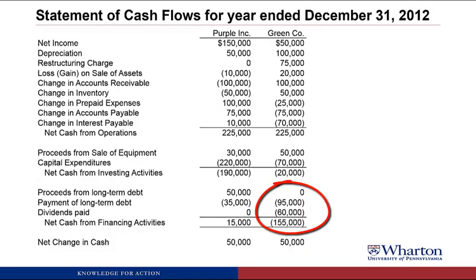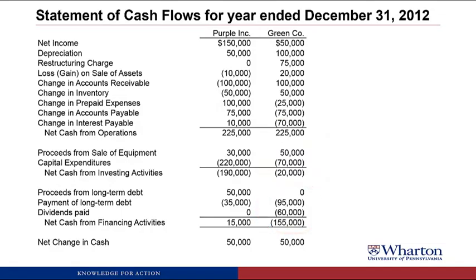So we see a big negative cash from financing activities. They're not borrowing anything new. They're paying off a lot of long-term debt, and they're paying dividends to their shareholders. This is typical of a late mature and decline stage company where the investments aren't there, so they're taking the excess cash flow and paying off debt and returning it to shareholders through dividends.